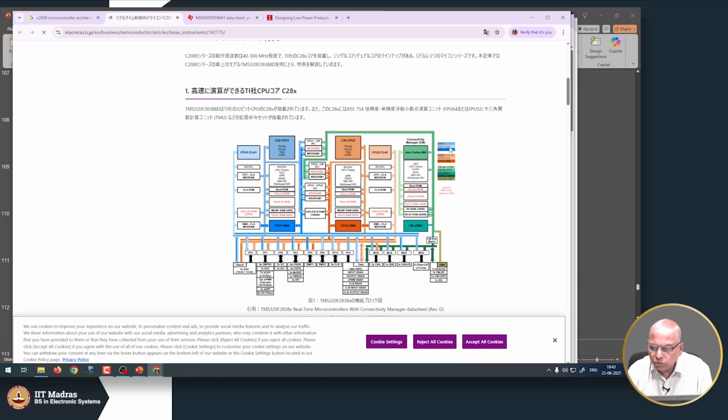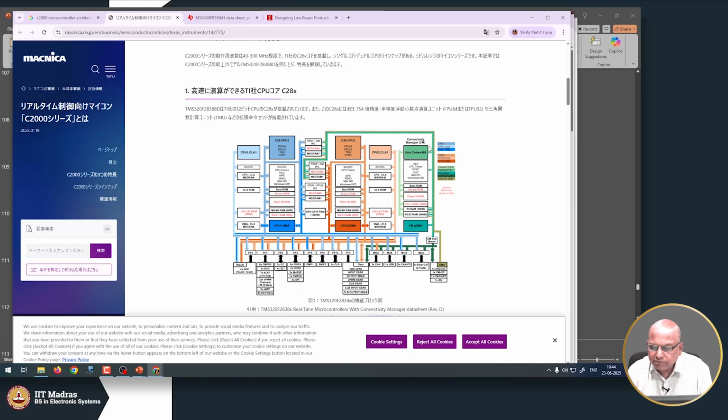So, blue means CPU 1, orange means CPU 2, and then there are possibly other kinds of CPUs. I think they have also integrated ARM Cortex M4. See, the green stuff is ARM Cortex M4.